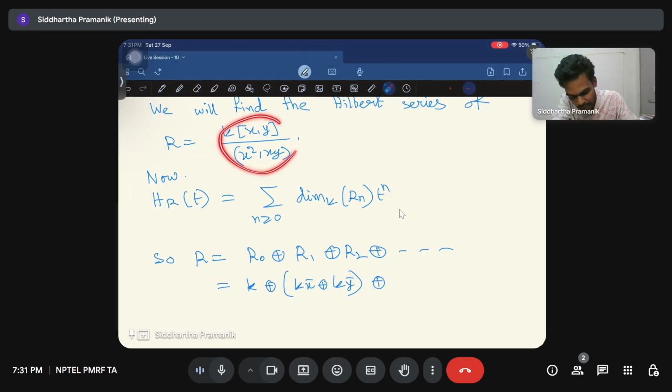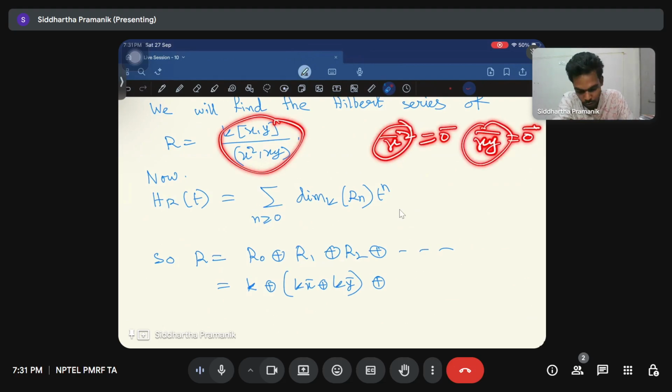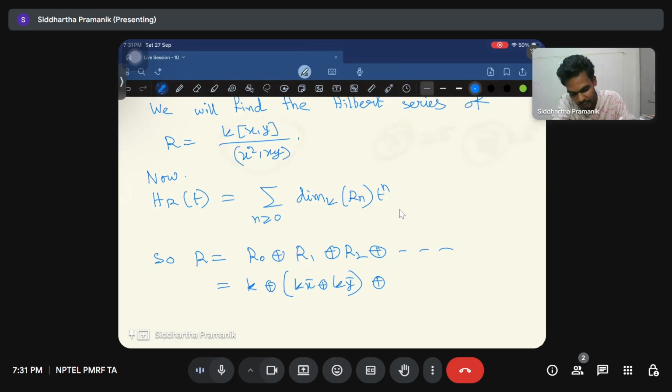And in the quotient, x square bar equals 0 bar and xy bar equals 0 bar, and all the terms which involve x square and xy bar will be 0. So in degree 2, what will survive? In degree 2, in general, we have x square bar, x bar y bar, and y bar square. So this will be 0 and this will be 0, so we will have only k y bar square.